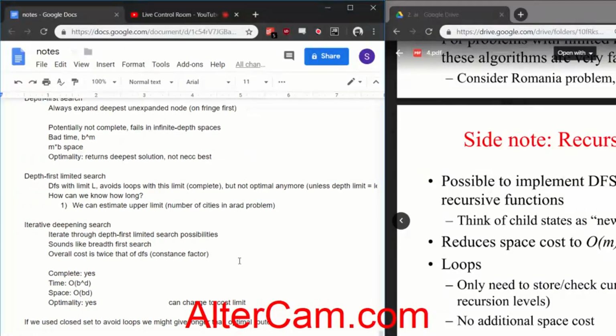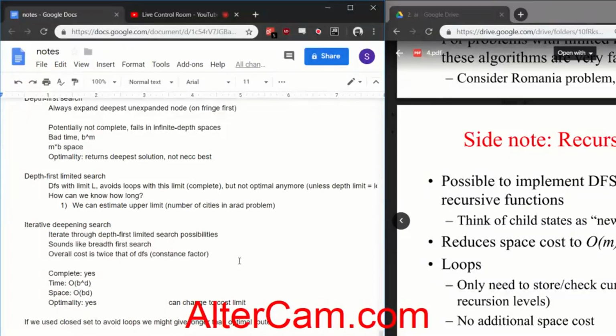Meaning, we only need linear cost for storing all of those states. In fact, it may not even cost us anything. Technically, we're already storing all of those states somewhere because we're generating them as part of our recursive exploration. So in fact, it could have zero memory cost.